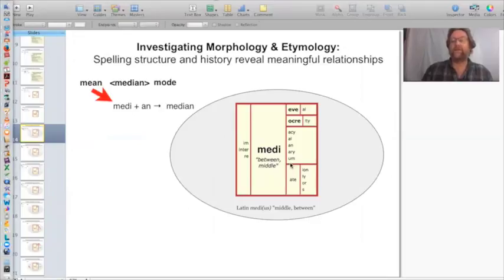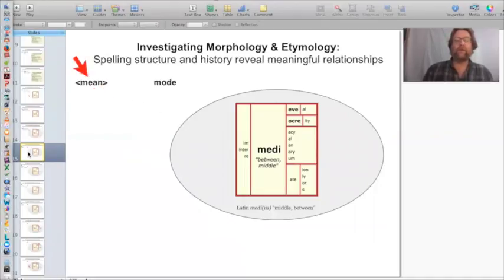We have an interesting suffix here that's actually a Latin suffix, which is important to distinguish, but we can still work with it in this way. To be in this matrix, we have to share this Latin root, medius, middle, between. And when we do that, it turns out we can get some help with this word mean.